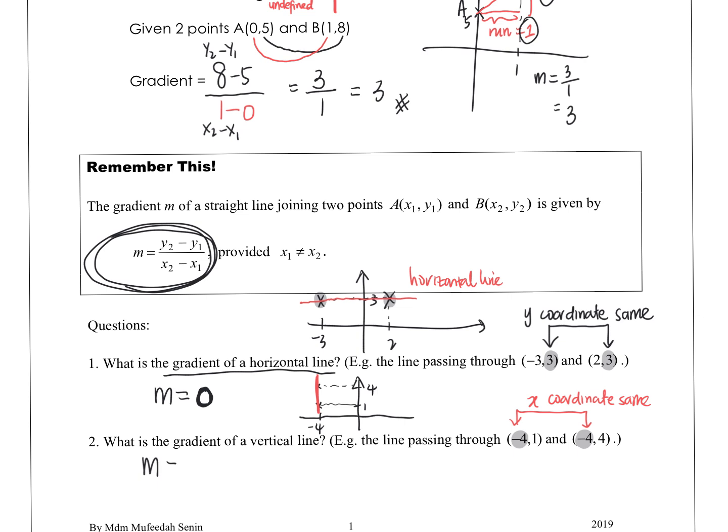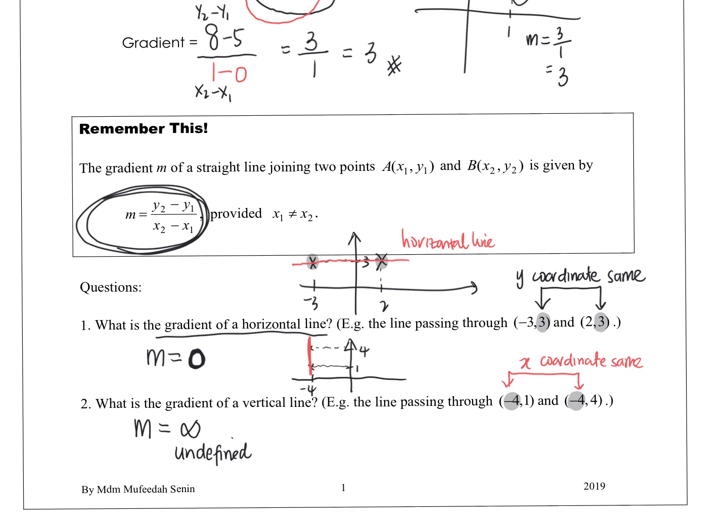So technically your gradient is undefined. Because why? You will end up calculating the gradient with a denominator of 0. We can't have a fraction dividing by 0, it is undefined. So when your calculator gives you math error, you should suspect that your line is a vertical line. That's why you cannot find the answer. Do we write the infinity symbol? Yeah, you can write like that, or you can just say it's undefined.